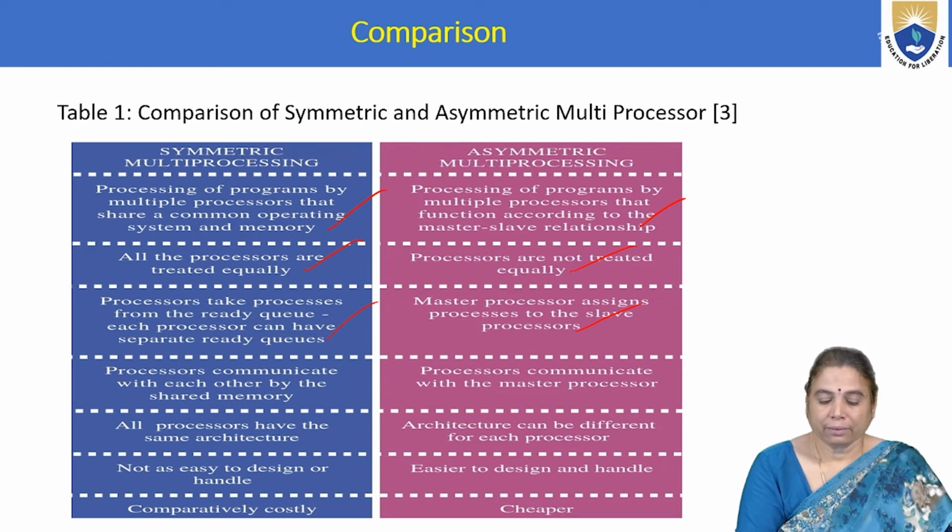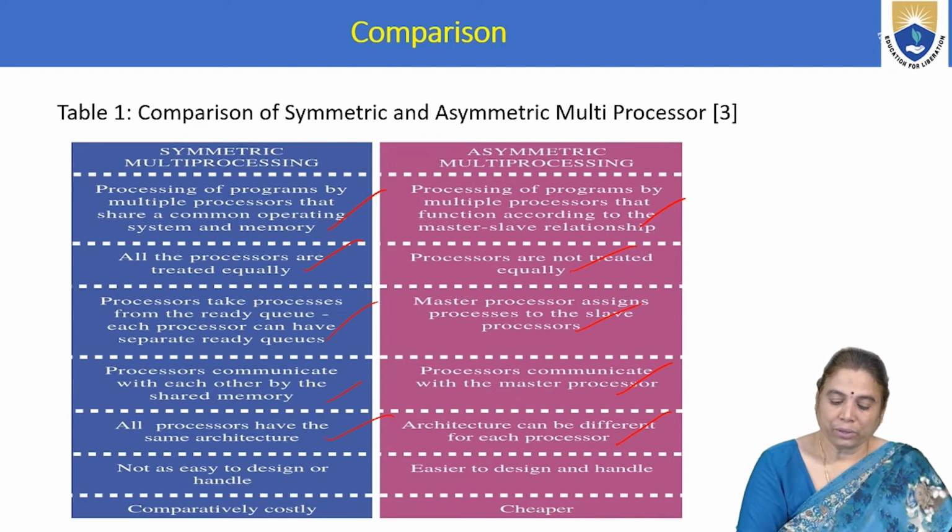In symmetric systems, processes communicate with each other through shared memory. In asymmetric multiprocessor systems, they communicate with the master processor. So, two techniques can be used, either message passing or shared memory. In symmetric multiprocessors, all processors have the same architecture, but it is a different architecture in asymmetric multiprocessors.